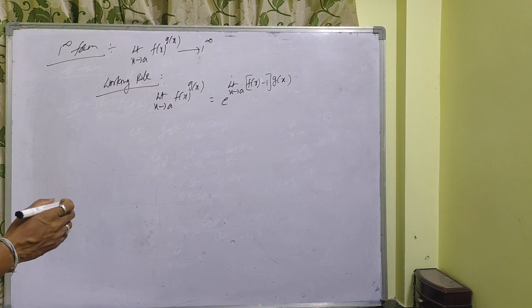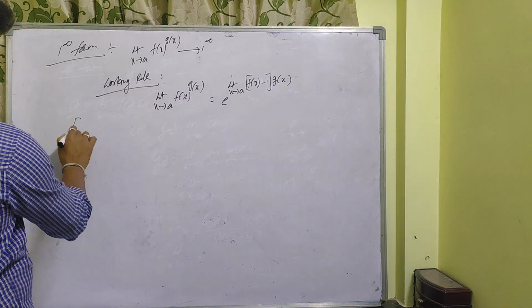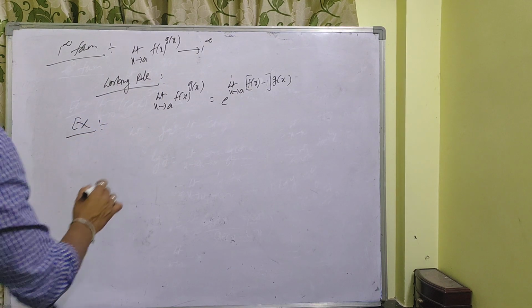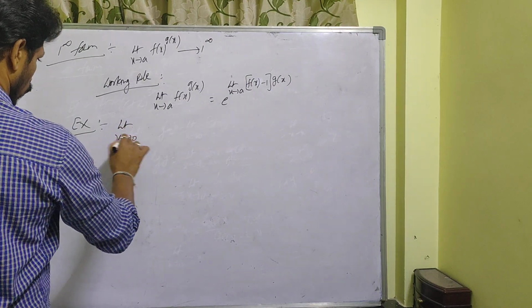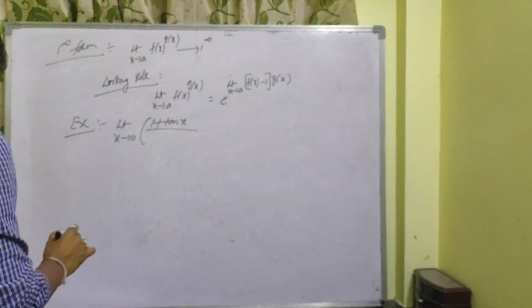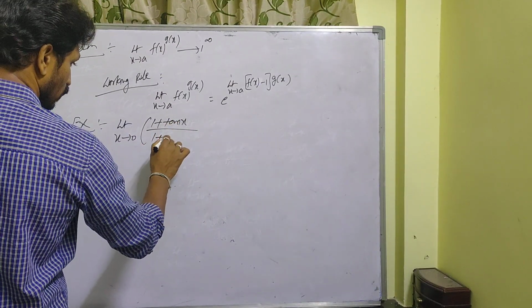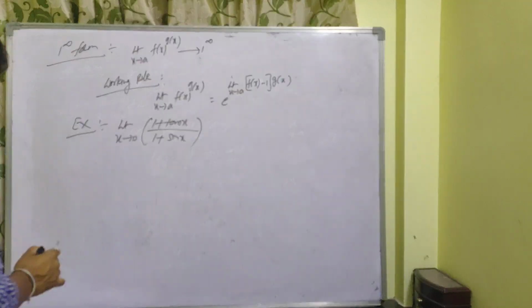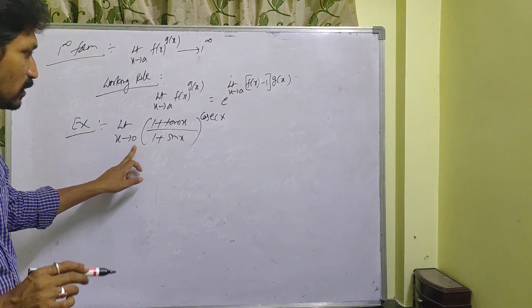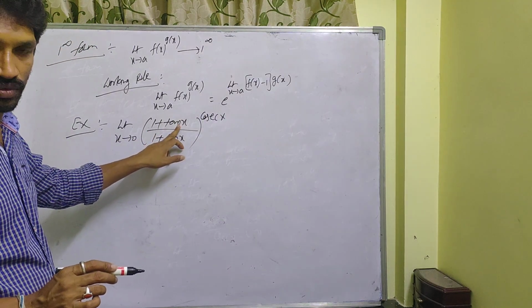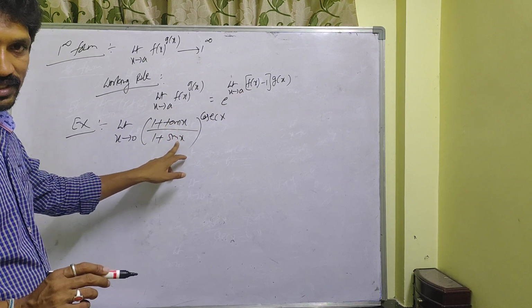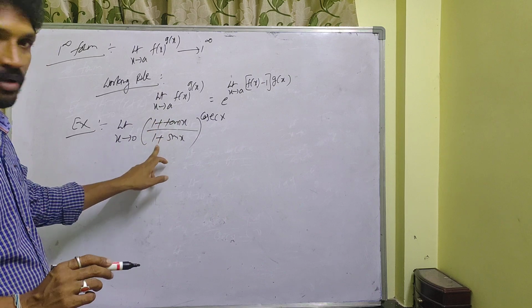See here, one example. Limit x tends to 0, 1 plus tan x by 1 plus sin x, whole power cosecant x. As x tends to 0, this is 1 plus tan 0, that is 0, so 1. Similarly, 1 plus sin 0 is 1. 1 by 1 is 1.